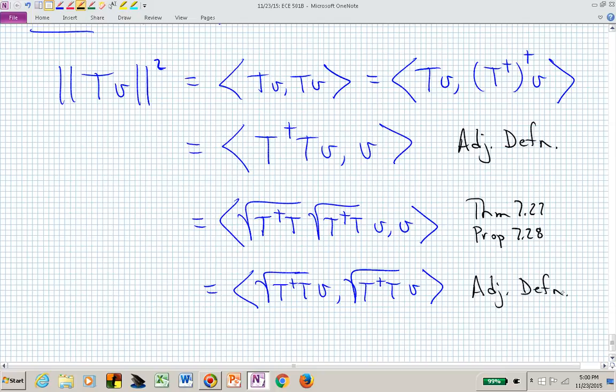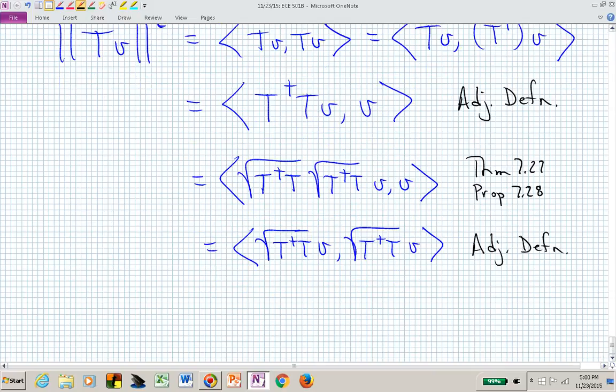Again, we're applying the adjoint definition and the fact that the positive square root of T dagger T is self-adjoint. But what is that now? That's the definition of our norm squared, isn't it? Of the square root of T dagger T operating on V, squared.